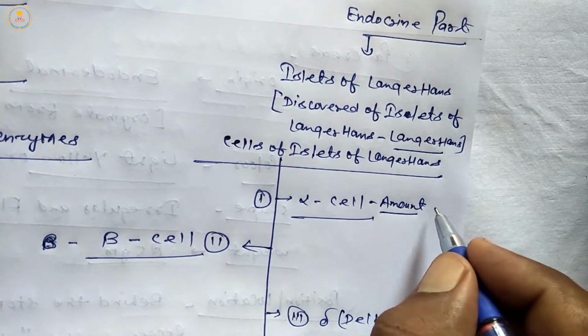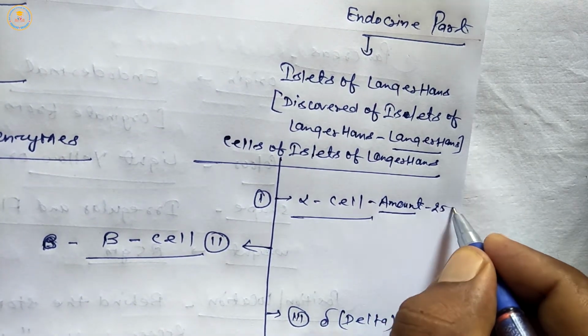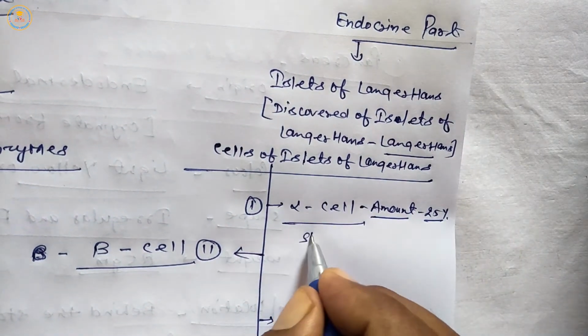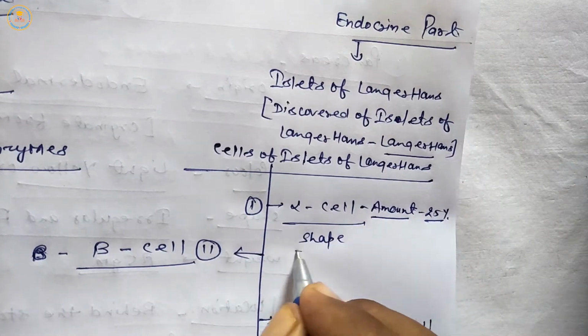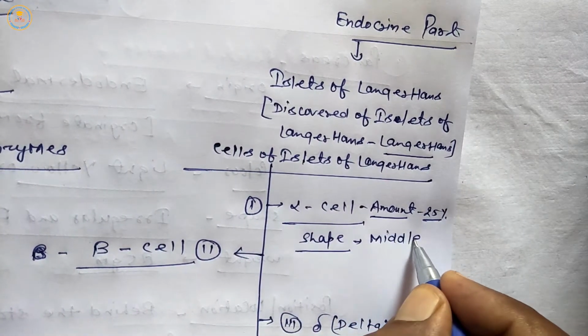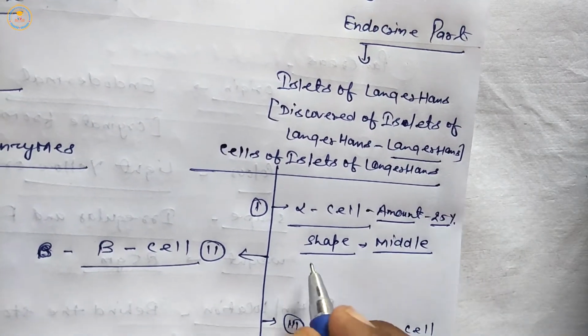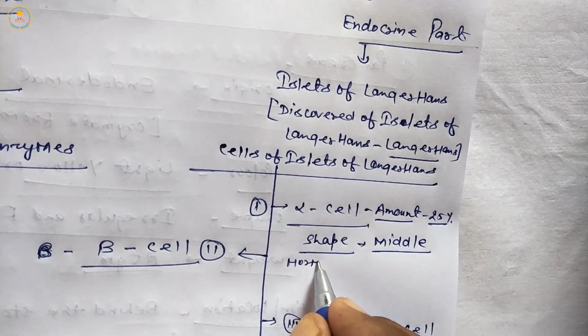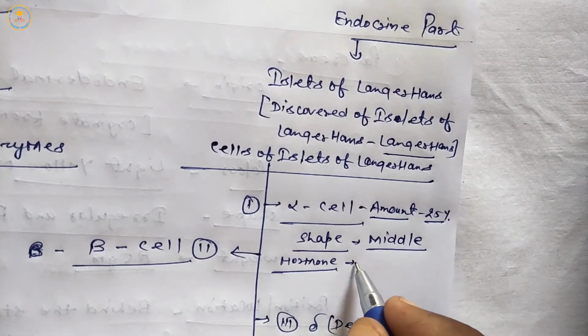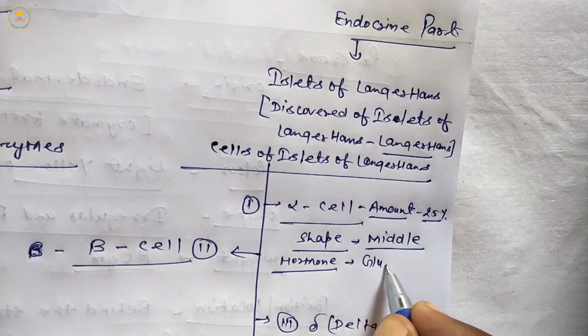The amount of alpha cell in islet of Langerhans is about 25%. Next, it is middle in size. Next, the hormone secreted by alpha cell is glucagon.